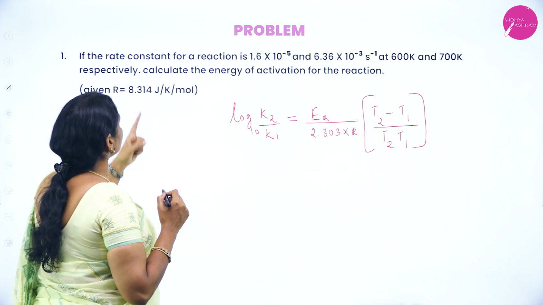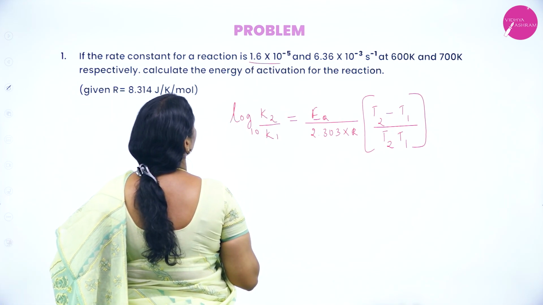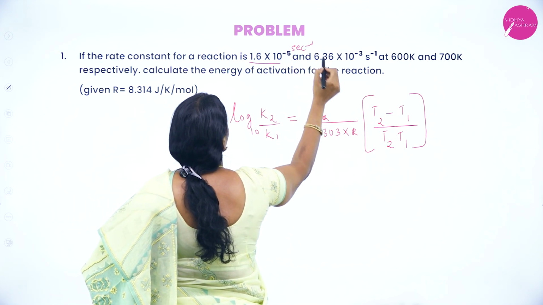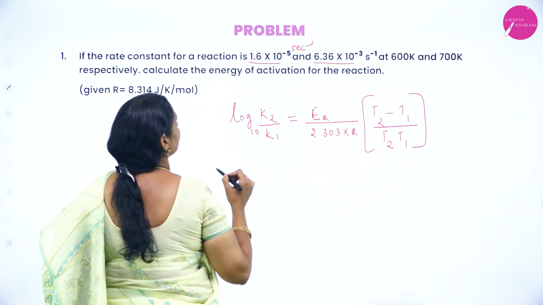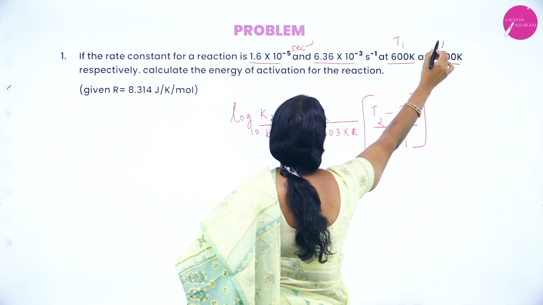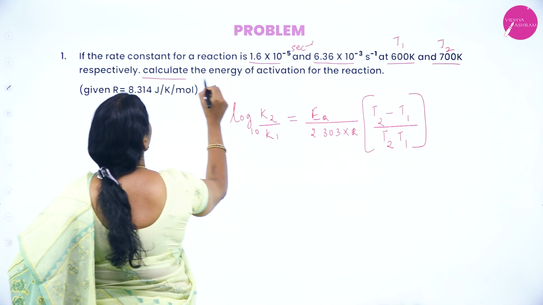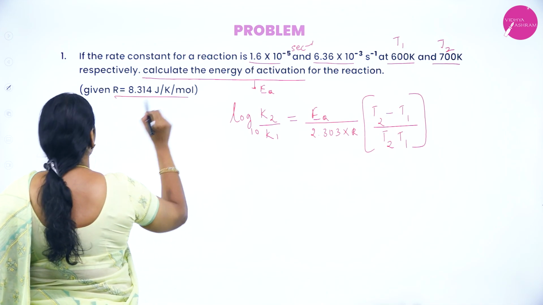If the rate constant for a reaction, K1, the first one, is 1.6 into 10 to the power of minus 5 per second, and K2 is 6.36 into 10 to the power of minus 3 per second, at temperatures 600 Kelvin and 700 Kelvin. The first temperature is T1, the second temperature is T2. You have to calculate the energy of activation, that is EA, and the R value is given.